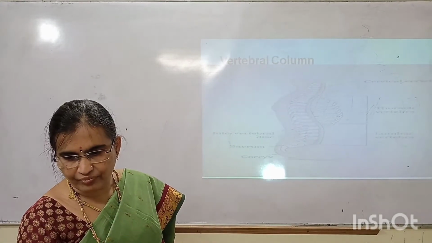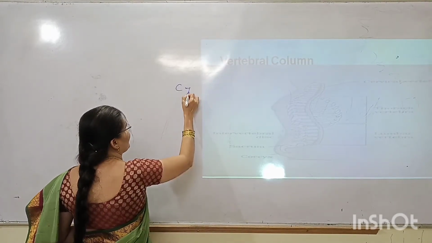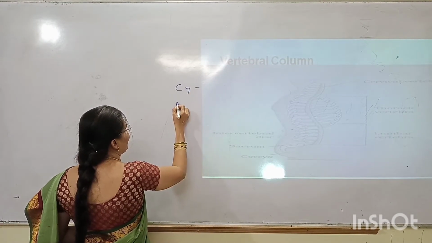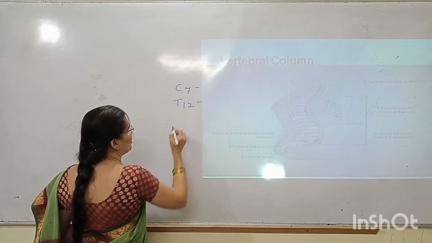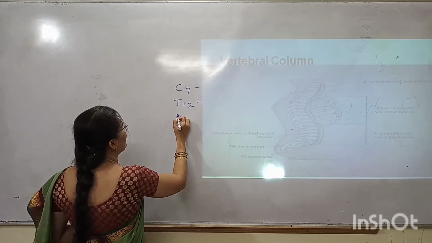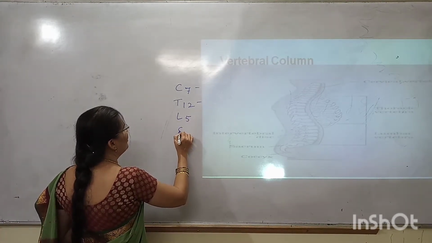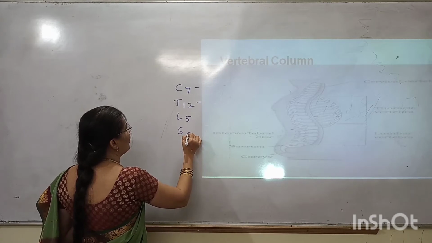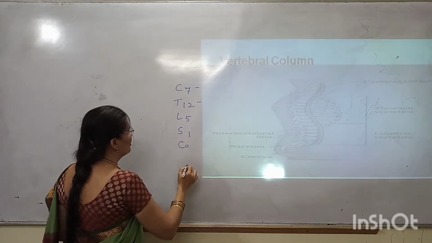Cervical vertebrae C1 to C7, thoracic T1 to T12, lumbar 5, sacral 1, then coccyx 1.